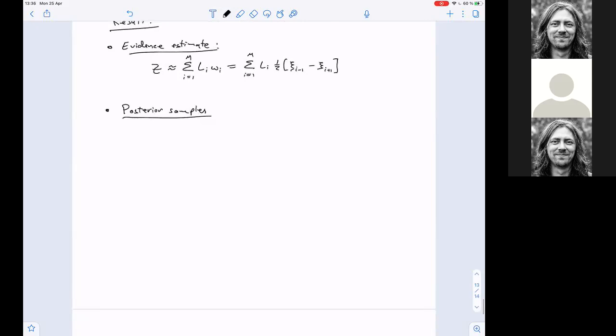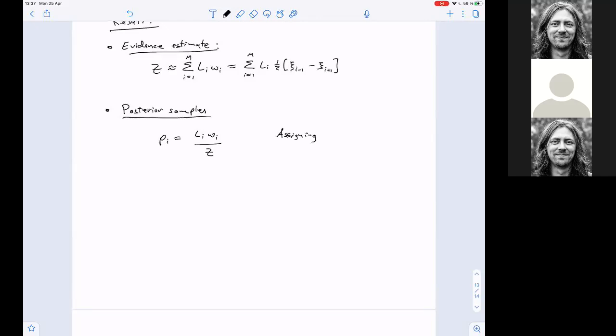And that's just this weight. And you have the evidence that normalizes this. So in other words, you know that the posterior sample of the discarded point at iteration I is just the likelihood at that point times the amount of prior probability that you have associated with that one sample, normalized by your evidence estimate.